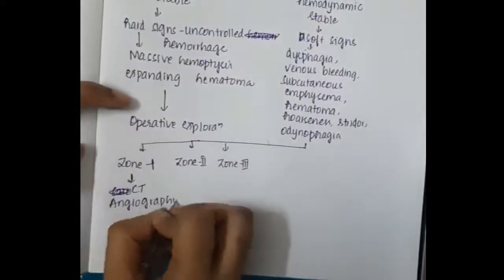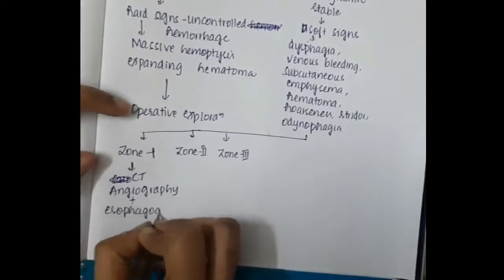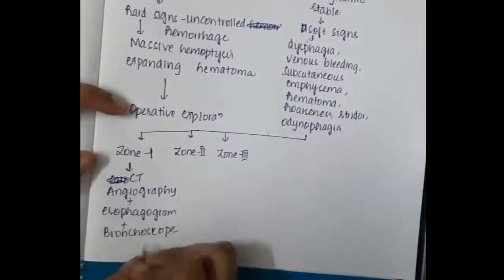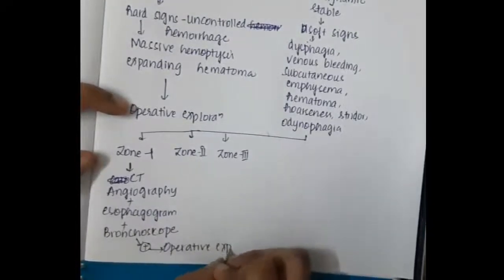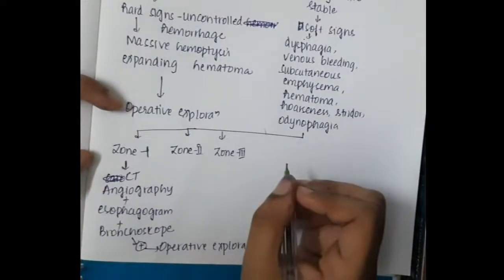If the injury is in zone 1, then we should do CT angiography plus esophagogram and bronchoscopy. CT angiography is done to see whether the vessels are fine or not, then you should do esophagogram and bronchoscopy to look at the esophagus and bronchial injuries. If there are any injuries, then we go to operative exploration.